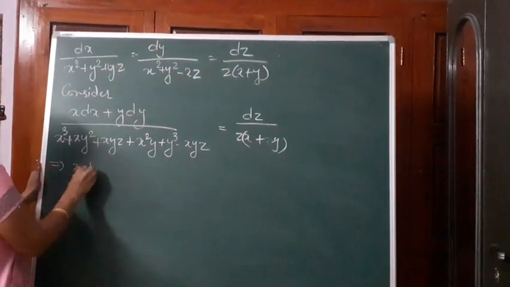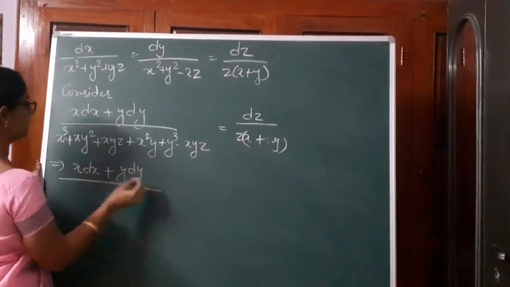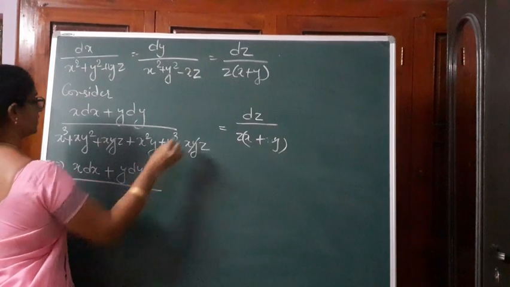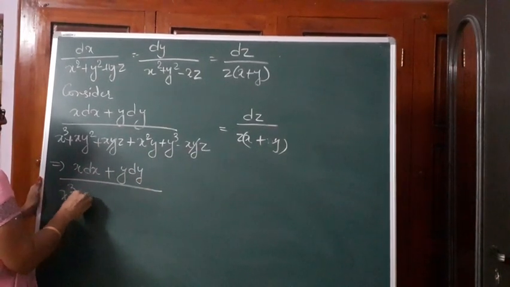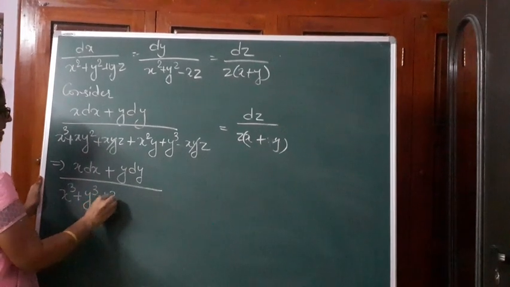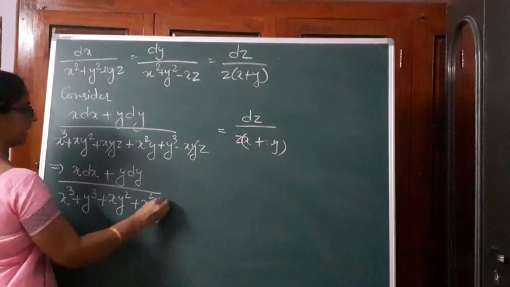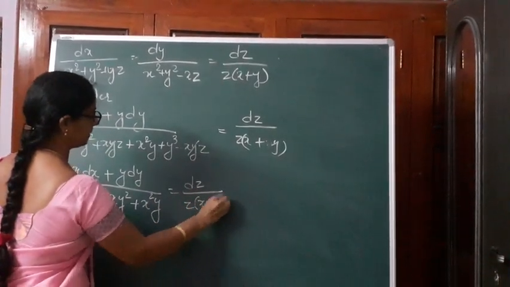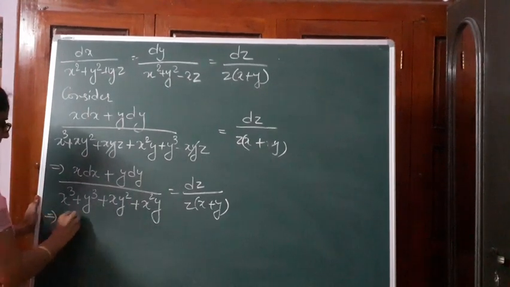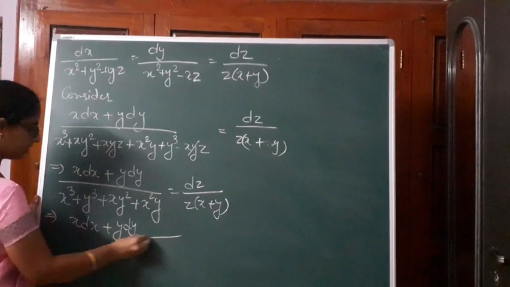Now let us simplify and write this as x dx plus y dy divided by, minus xyz plus xyz cancel. We have x cube plus y cube plus xy square plus x square y is equal to dz by z into x plus y. Now x dx plus y dy divided by x cube plus y cube.